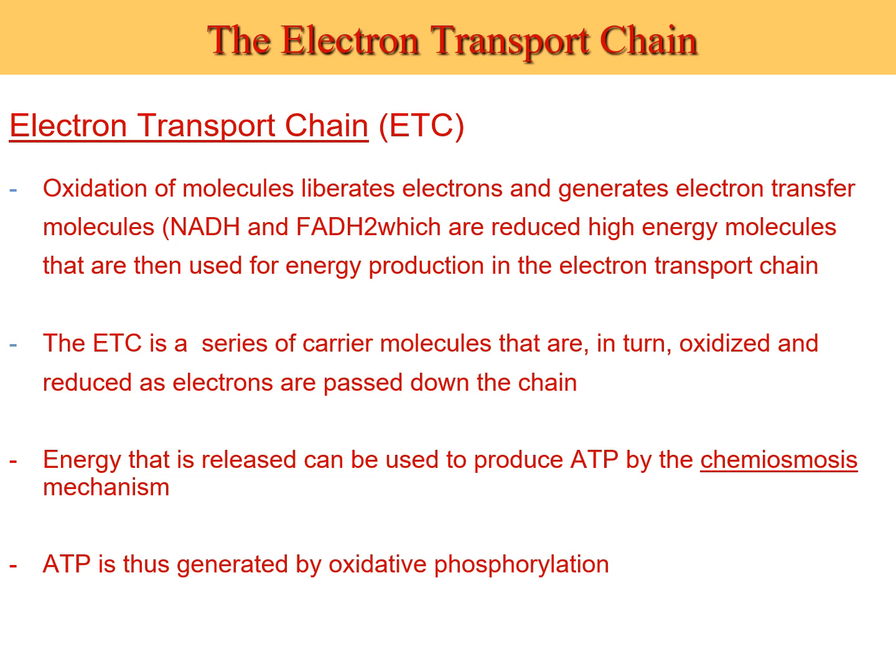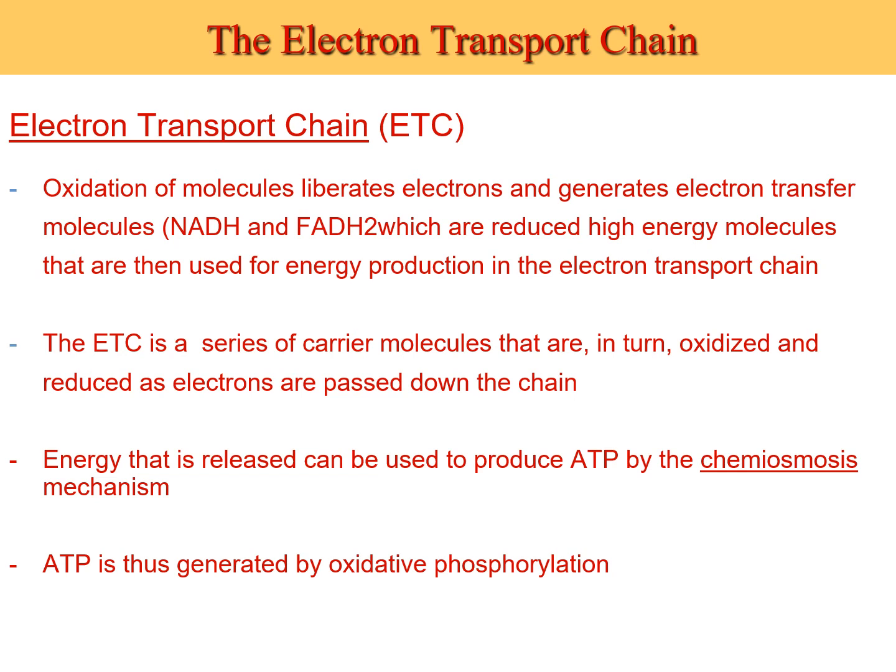The energy that is released during that process of redox reactions, as those electrons get transferred along, is used by a mechanism called chemiosmosis to produce ATP.